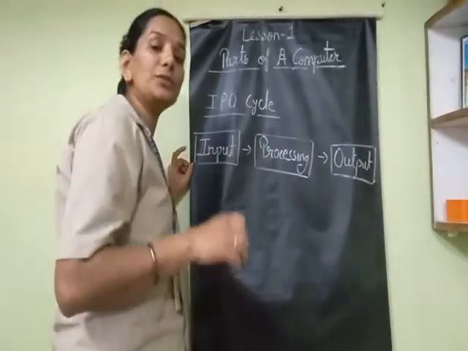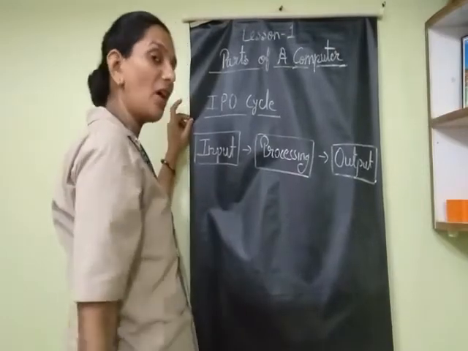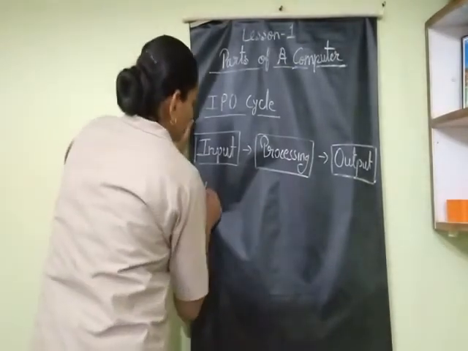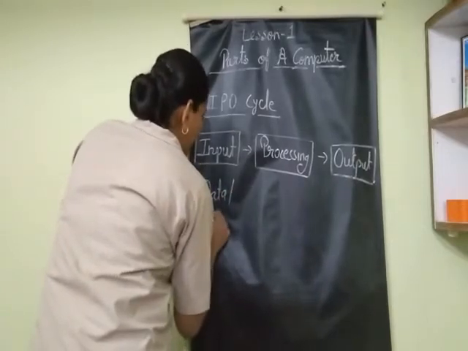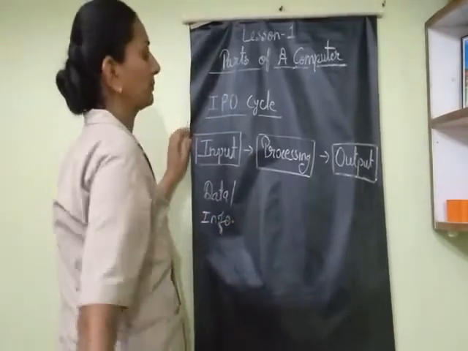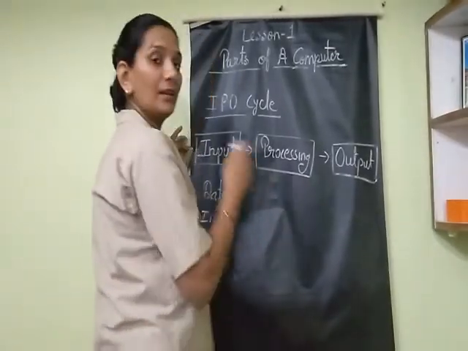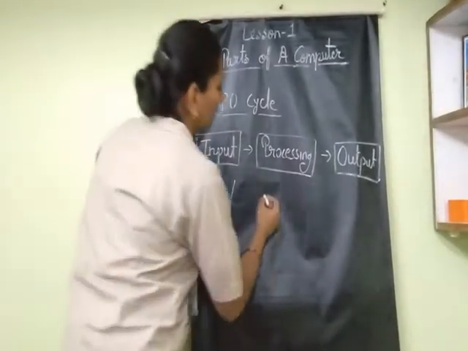Okay, if you want to do something by the computer, then first we enter data or information into the computer. So what do we input in the computer? Data or information. Okay, then the CPU processes this data.